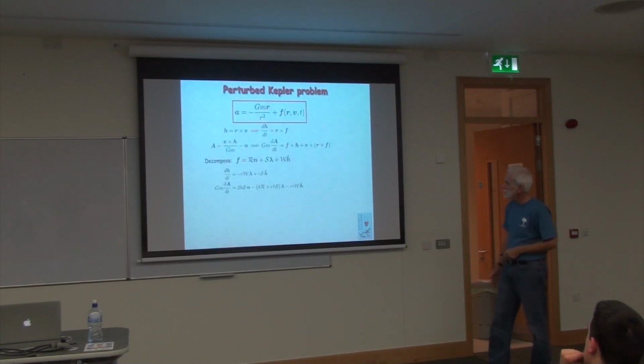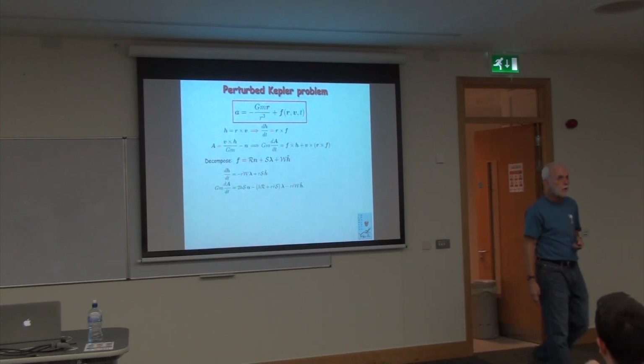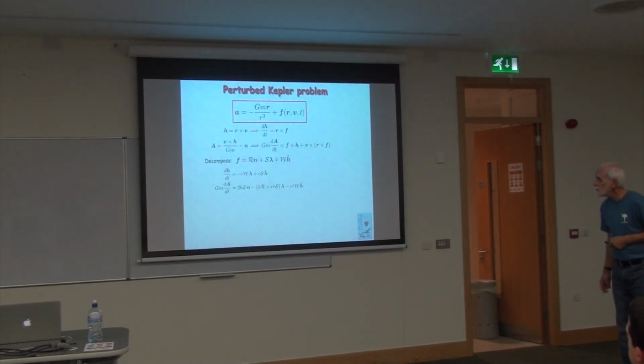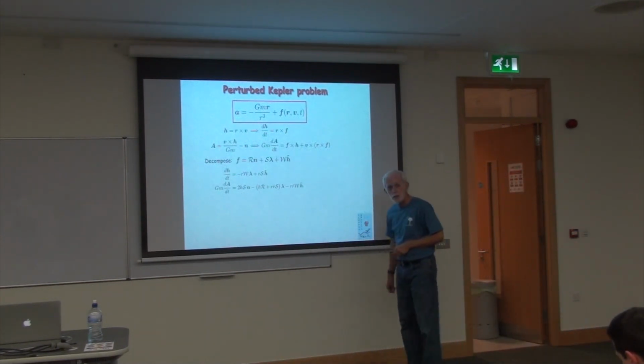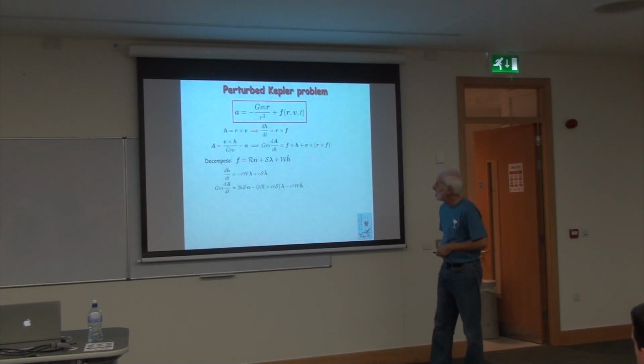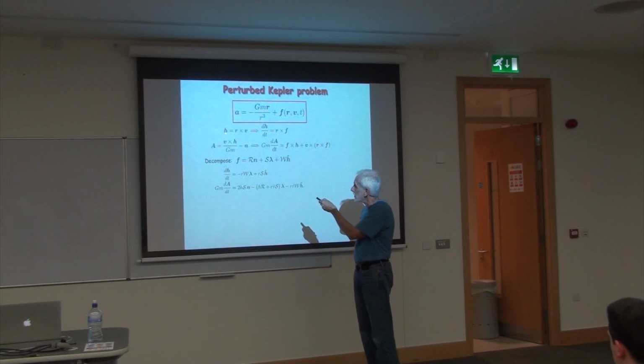Okay, so that's all that. Let's give an example of how this might work out. How could we figure out how these various quantities, constants, change if we have this disturbing force? For example, here is our definition of the angular momentum, h is r cross v. That's a definition.